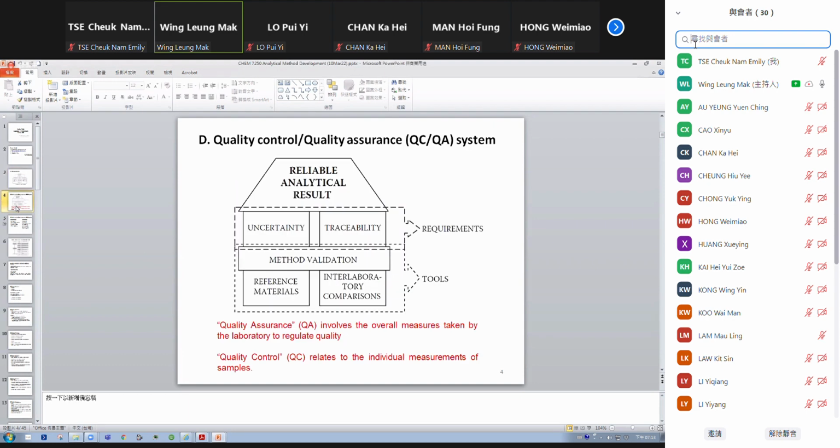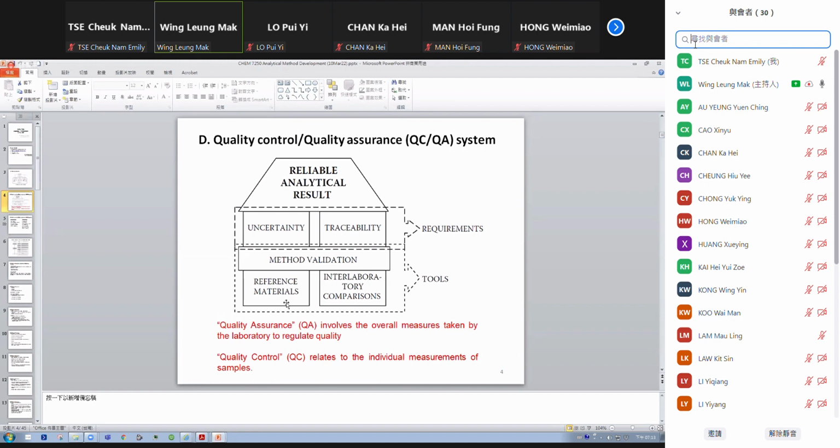How can we ensure reliable and good results? Of course, you have the quality control system, but under this system, what are the main factors? What is inside this QC or QA system? We also have the reference materials. The reference material is just like a ruler.